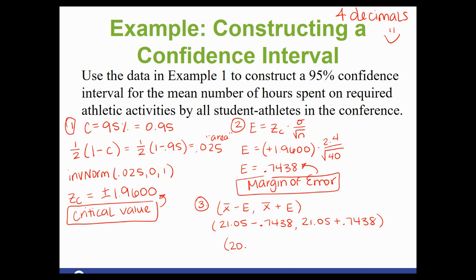And we get 20.3062 and 21.7938. This is the confidence interval. So again, there are 3 steps to each of these: find that critical value, which leads you into your margin of error, which you wrap up with your confidence interval.